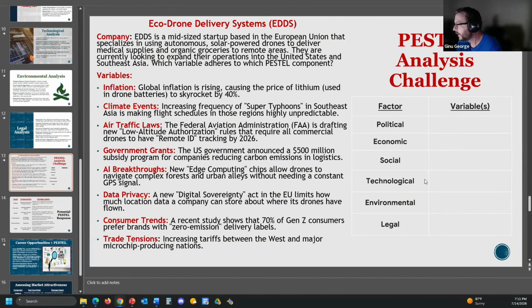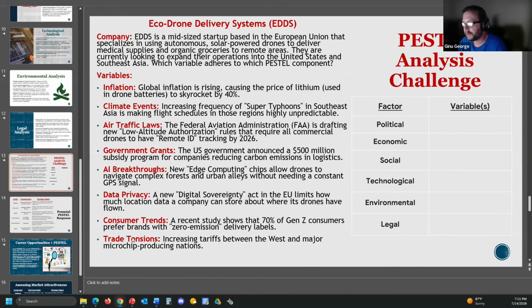AI breakthroughs, obviously, I think is technological, pretty easy to think about there. Data privacy, I'd put into the legal framework. Also, it's about the government trying to keep us all together. Consumer trends, I would say that's social, looking at the factors of people and what they're doing.